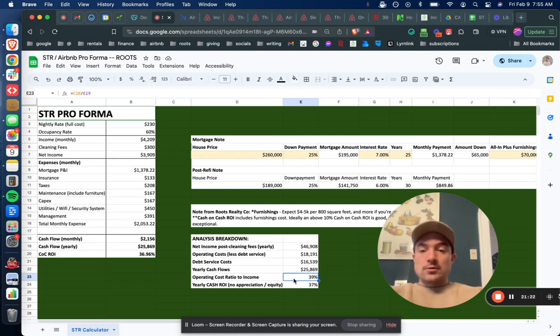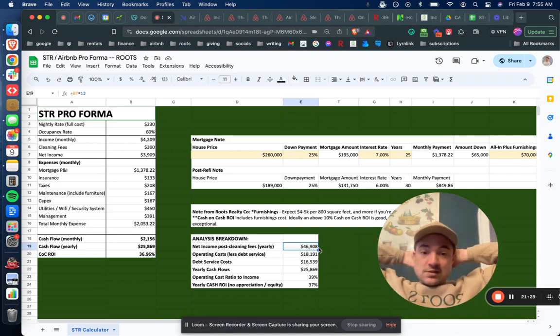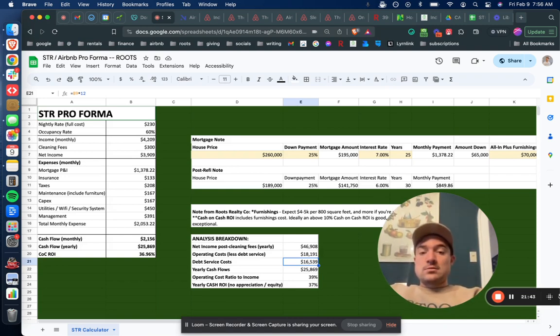So back to our analysis, we have a net income post cleaning fees of about 47,000. Our operating costs, not including your debt service, is about 18,000. Again, 40%, which is pretty standard on a short-term rental. Our debt service. So if we bought this in cash, this number wouldn't be there. However, we did.